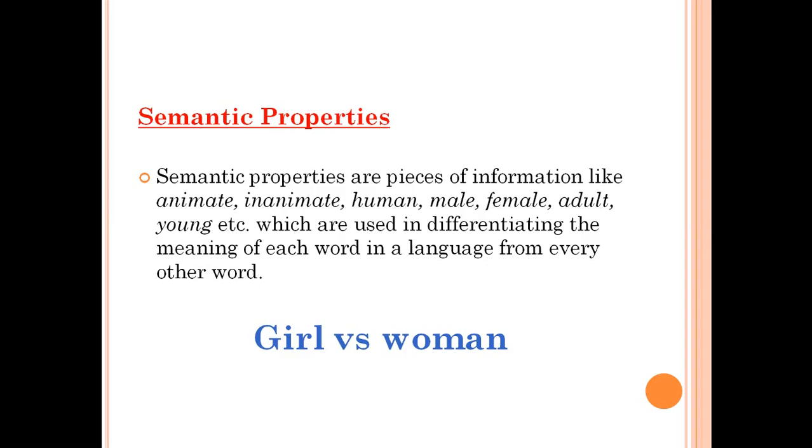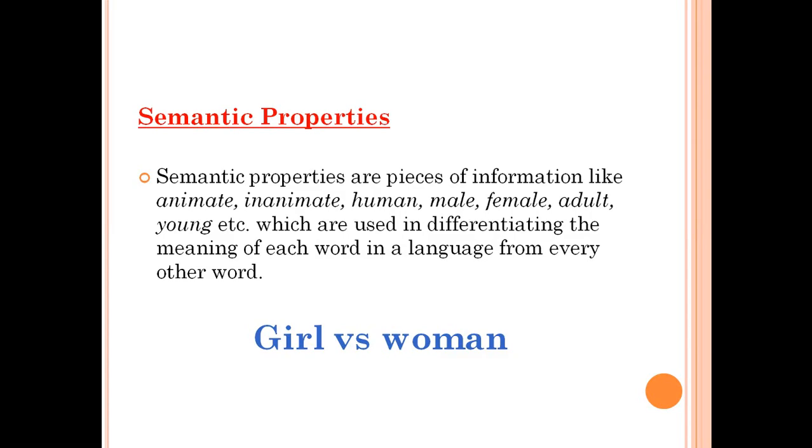In the same way, boy and man, boy versus man. So boy refers to a human being, man also refers to a human being. So here lies no difference. স্যার একটা হচ্ছে যুবক, আরেকটা হচ্ছে পুরুষ। Again, the same difference. One is young, another one is adult.